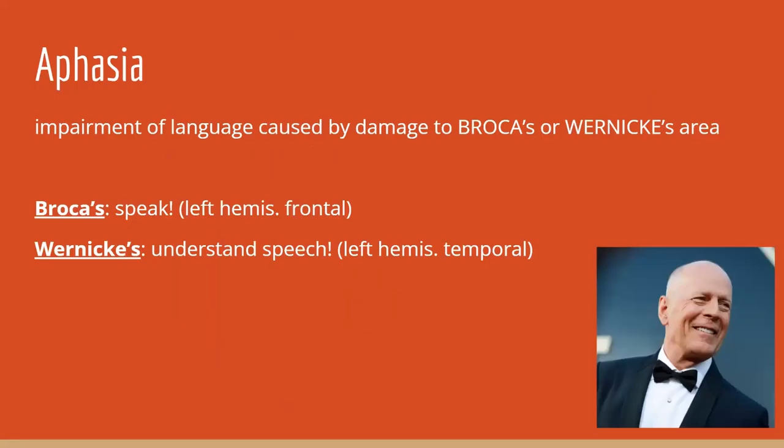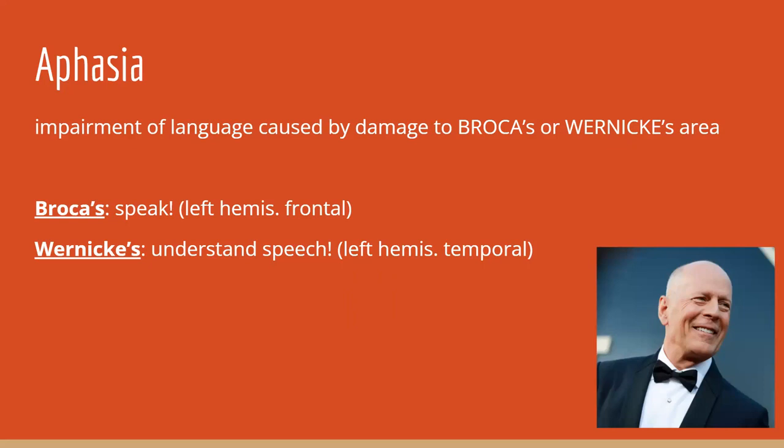All right, aphasia. I think we might have already talked about this before briefly, but this is an impairment of language caused by damage to Broca's or Wernicke's area. So do you remember what these are? Broca's helps you speak. It's in the left hemisphere, frontal lobe. Wernicke's helps you understand speech, and it's in a temporal lobe. That makes sense.